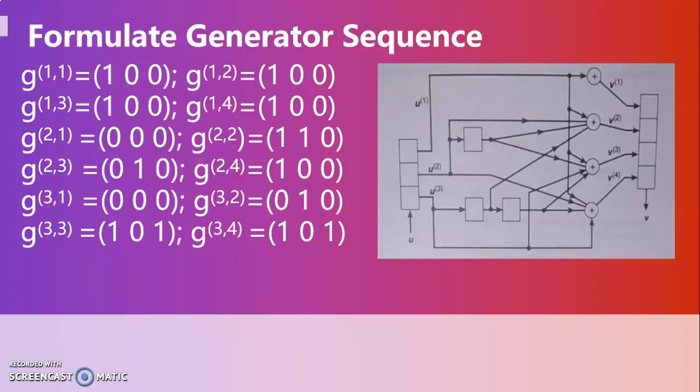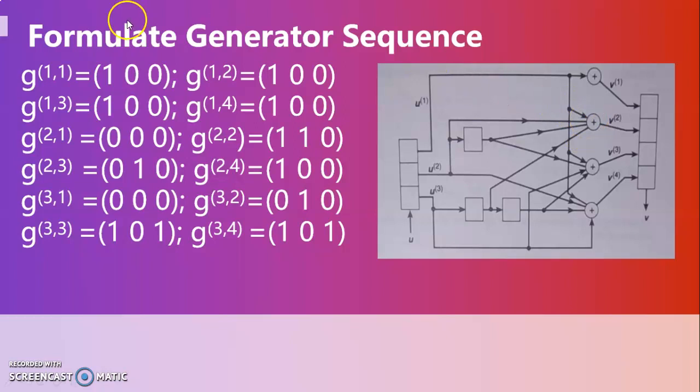Now, consider the second case, that is G12. That means the first input is connected to the second output. The link which connects the first input to the second output is one direct link. This link is connected here. See.